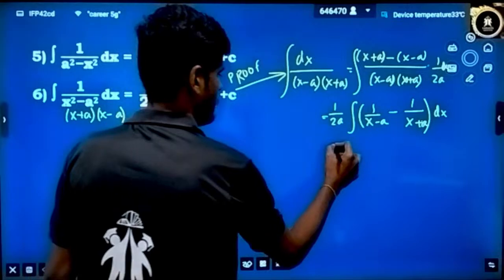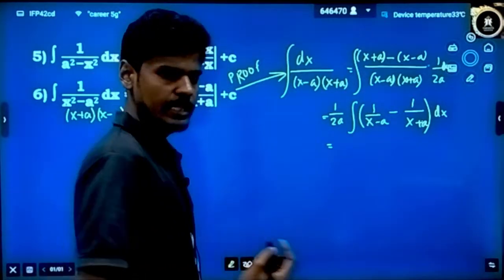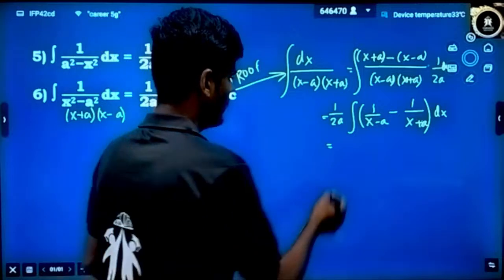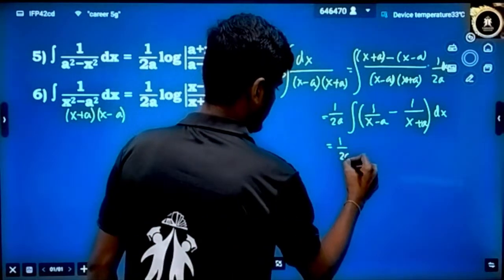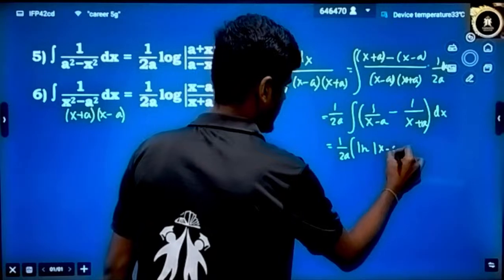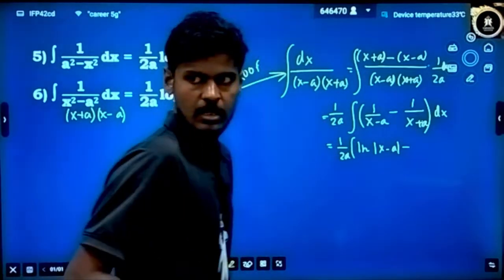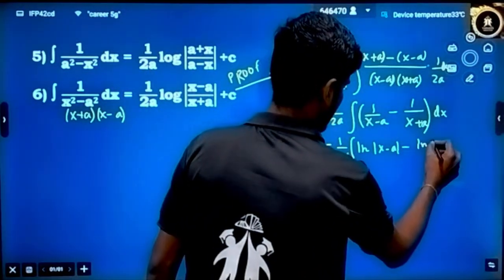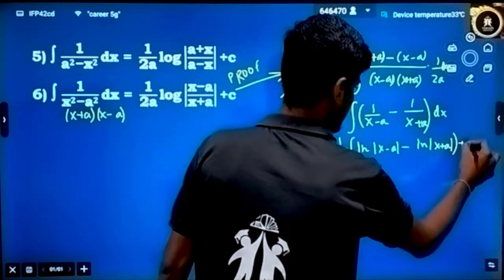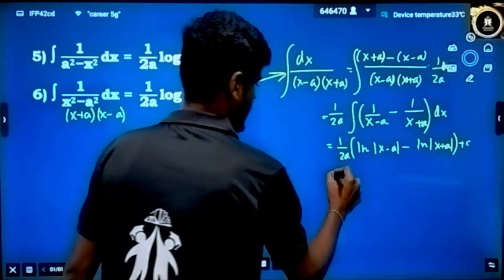Now what is the integral of 1 by x? Log x, where coefficient of x is 1, so we will divide by 1. So what is the answer? It will be 1 by 2a of log mod x minus a minus log mod x plus a plus constant. So what is the answer, students?